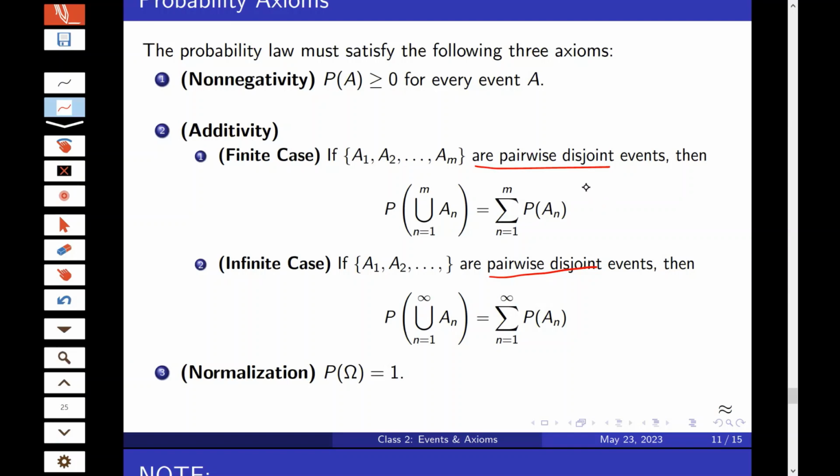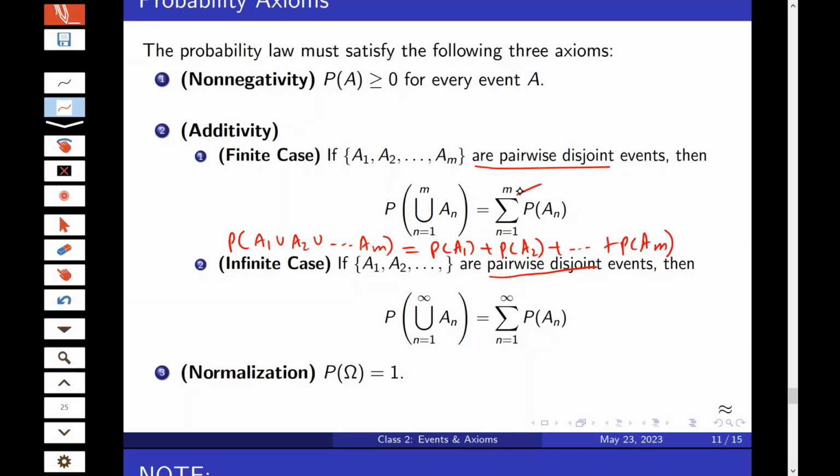So the meaning here is that the probability of A1 union A2 union all the way to AM is the same as the probability of A1 plus the probability of A2 all the way to the probability of AM.